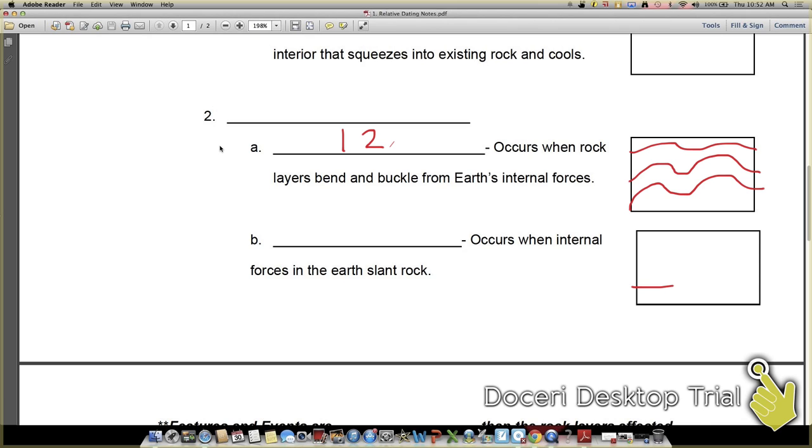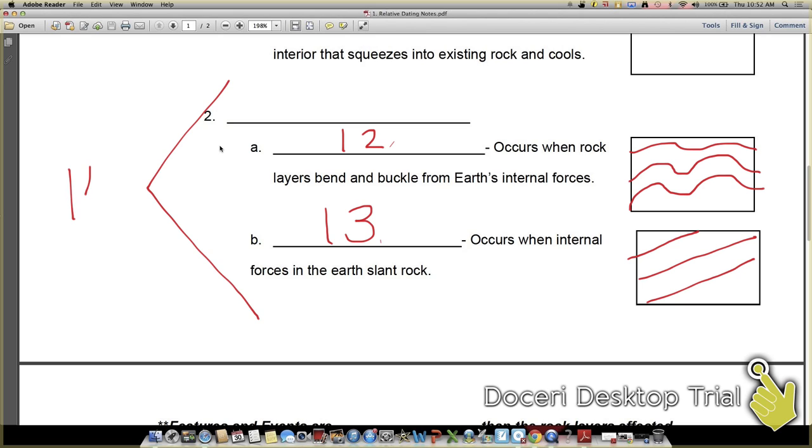Then you may have rock layers that, again, are undisturbed, but those internal forces cause the rock layer to go on a slant. What is that? These two things are what type of disturbance?